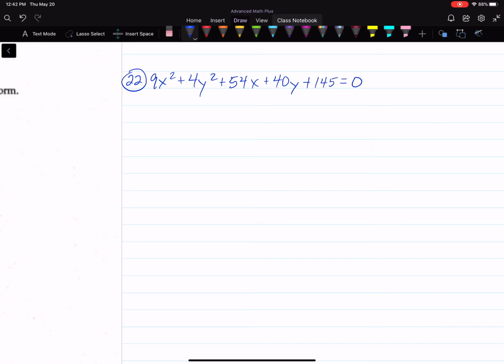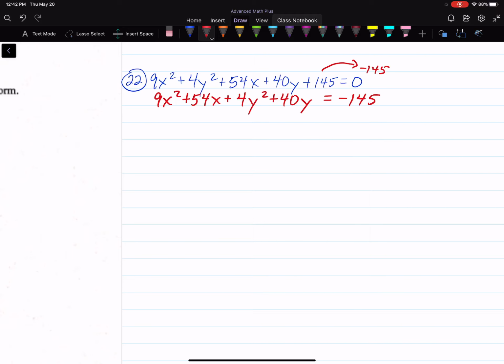Okay. And what we do is we get our x's together. So that would be 9x squared plus 54x. And I'm going to put a plus 4y squared plus 40y. And I'm going to move the positive 145 over by making it negative.